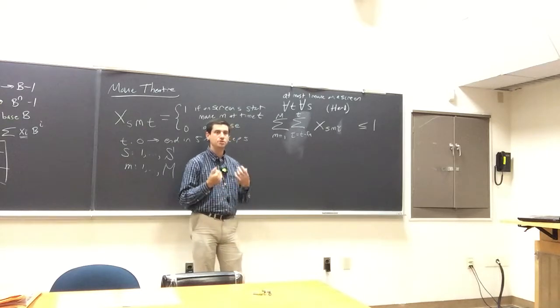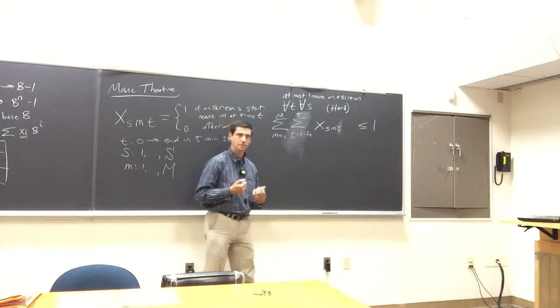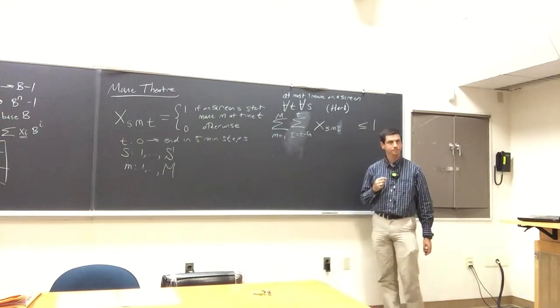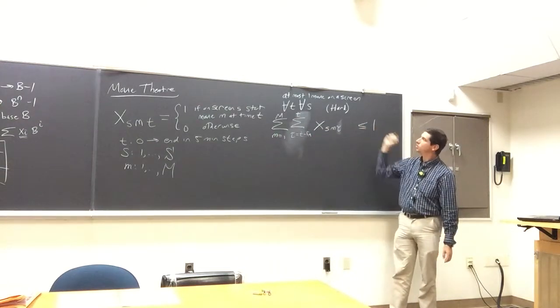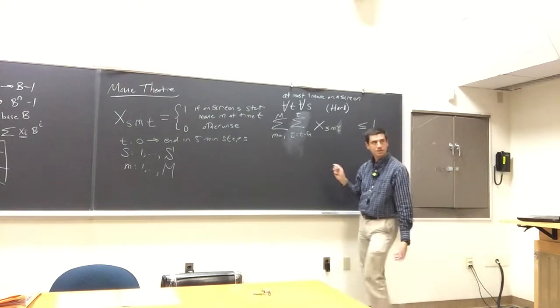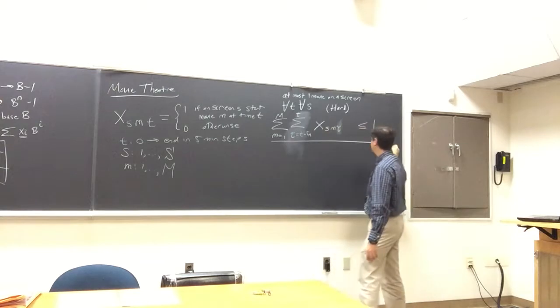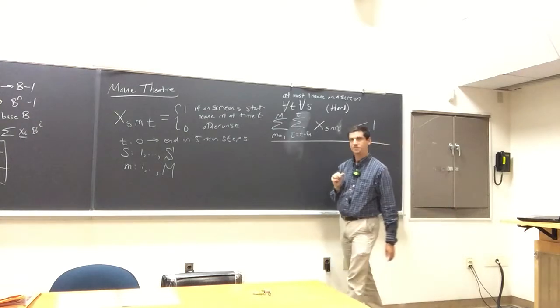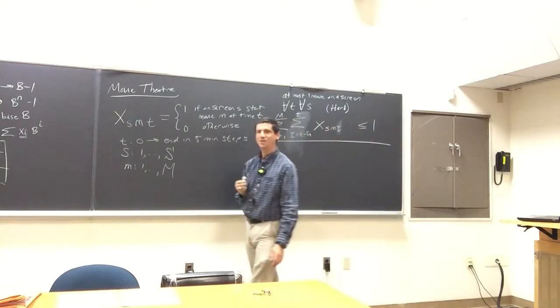Can someone give me another constraint that we can't violate? So this is, at most, one movie is showing on a screen at a given time. What's another constraint? This is the only constraint we have to worry about if we own a theater.